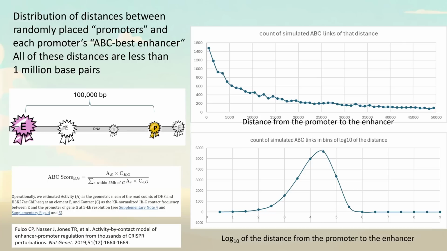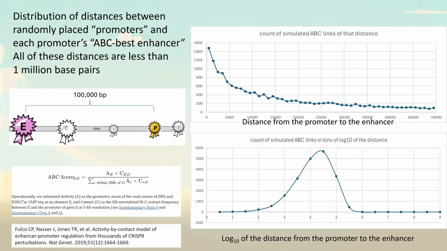So if you take that literally and you go back to the Fulco et al. paper and you pick out values that they have for the activity of these enhancers, and you randomly assign these activity values to the randomly scattered enhancers, now, again just in the simulation, you ask for every promoter, what is the ABC best enhancer near it?